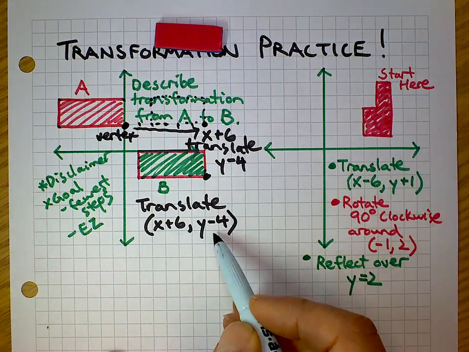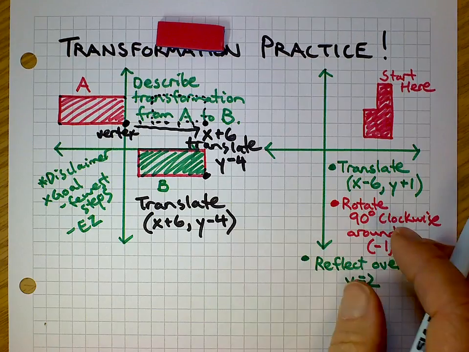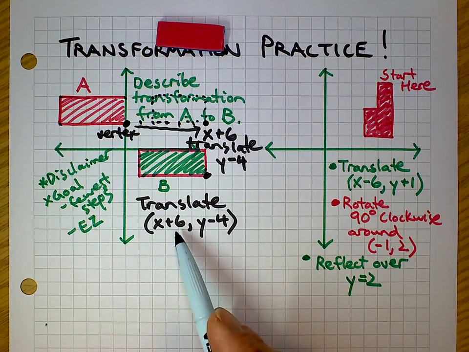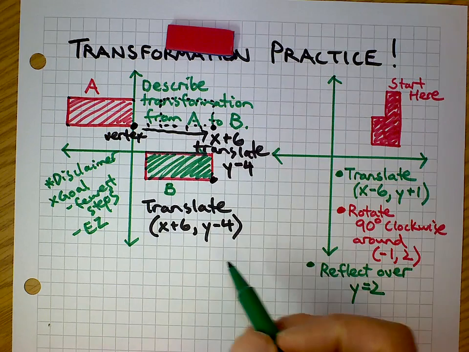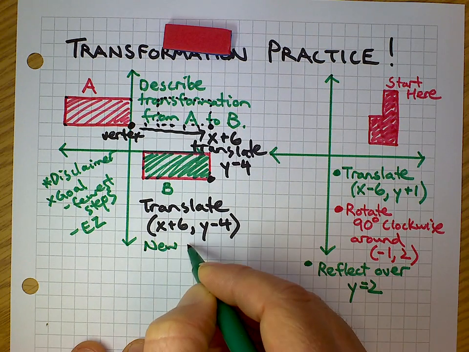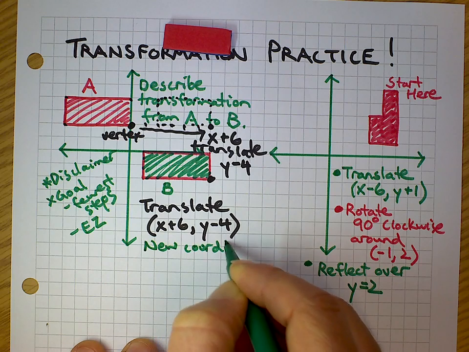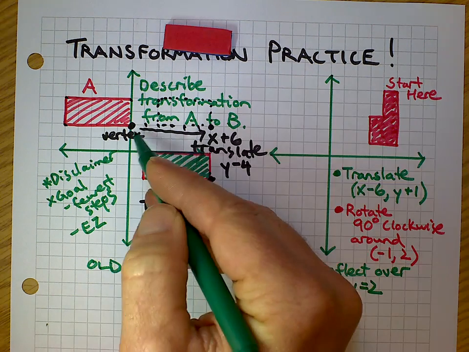If you write it like an ordered pair, then, well, for one thing, it's short and concise. But for another thing, if we take any vertex on there, it'll give us the new coordinates, which is super handy. For example, the old ones here of mine were 0 and 2.